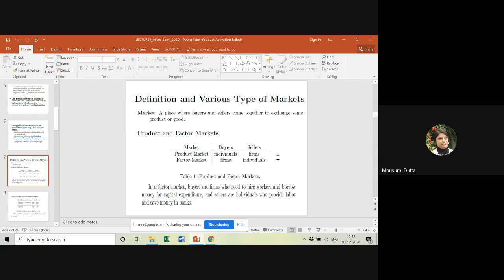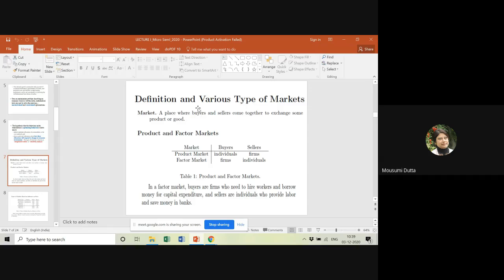These groups may interact with each other in physical space. They may also interact in some virtual place, and nowadays mostly these two groups meet in virtual places, because we are going for so many online orders. So this interaction may take place in physical places and also in virtual places.